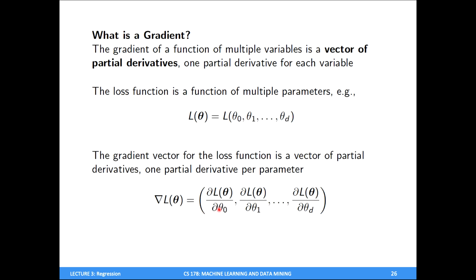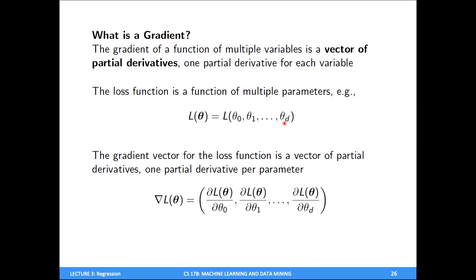If we have some function of multiple variables, the gradient is a new vector corresponding to all of the partial derivatives of this function. So in our context, we have some loss function, L of theta, which takes in a whole bunch of different parameter values: theta naught, theta 1, all the way up through theta d.